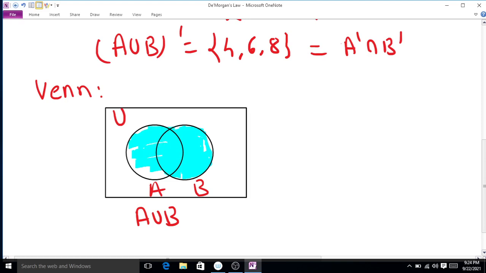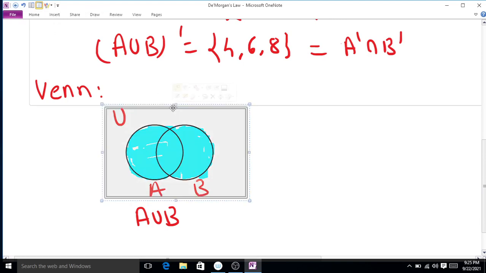Now, A union B. Now similarly, we want to determine (A union B) complement.